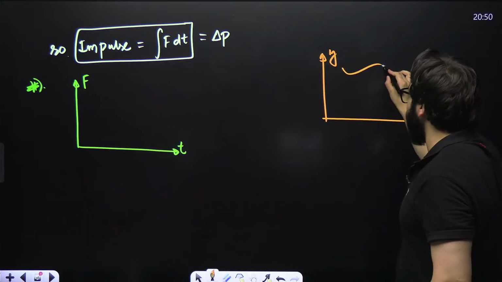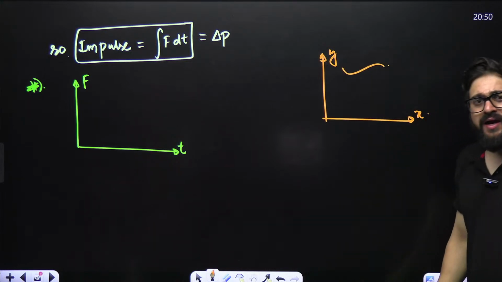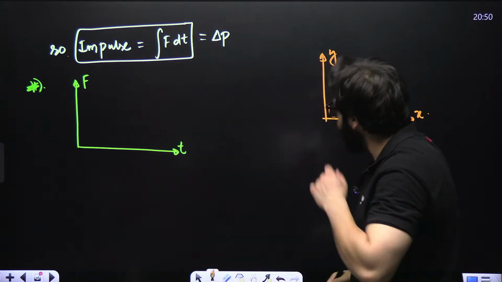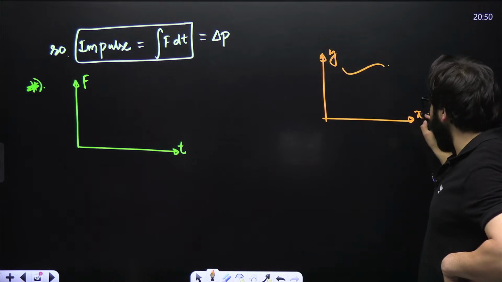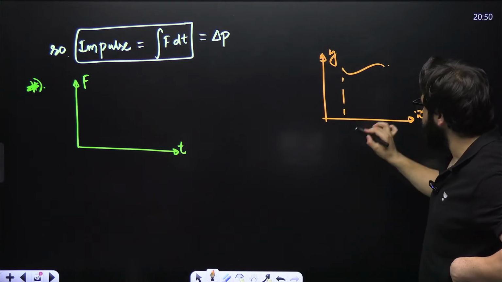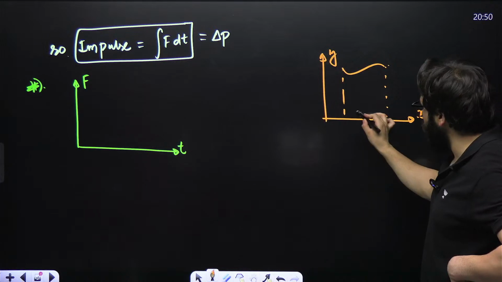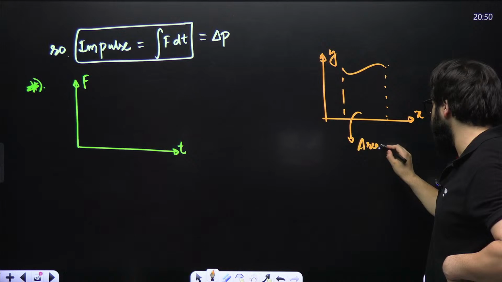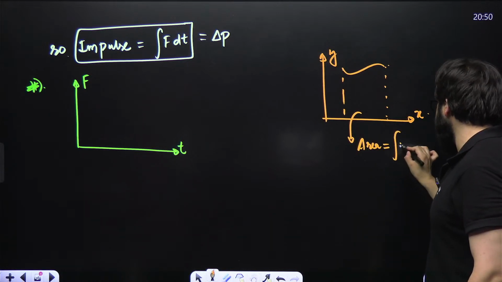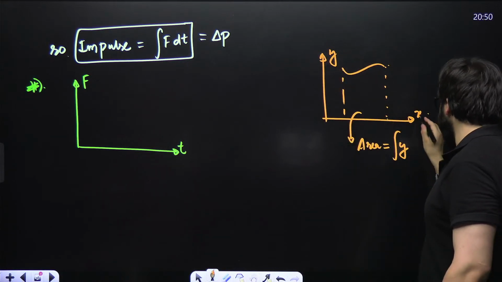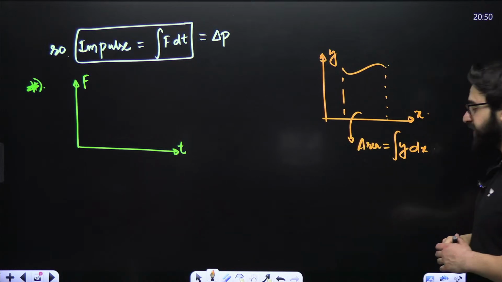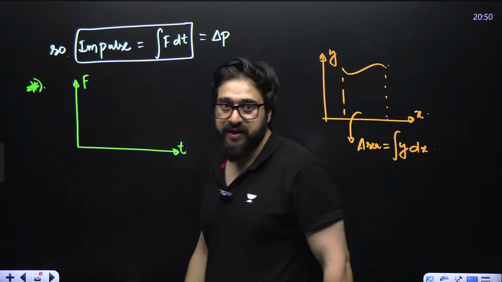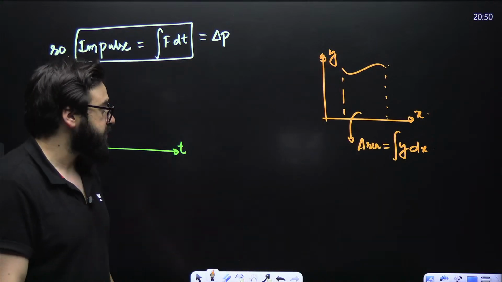Let's suppose the graph is something like this curve. If I ask you to tell me how much is the area under the curve, you say, sir, this area under the curve is simply integration of y dx. Area under the curve is integration of y dx.